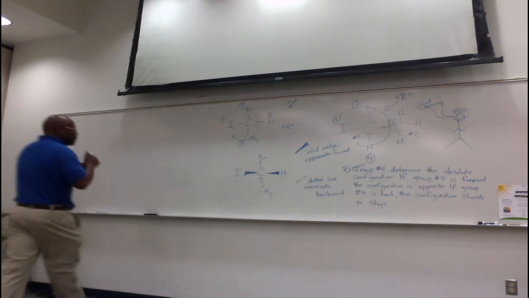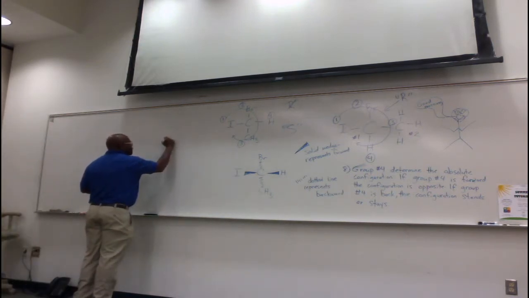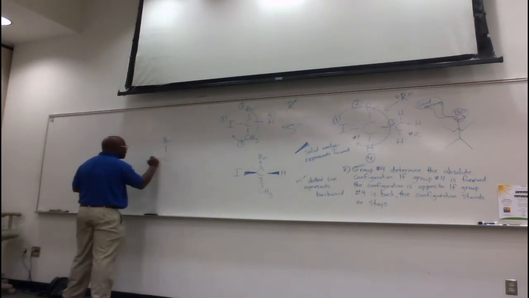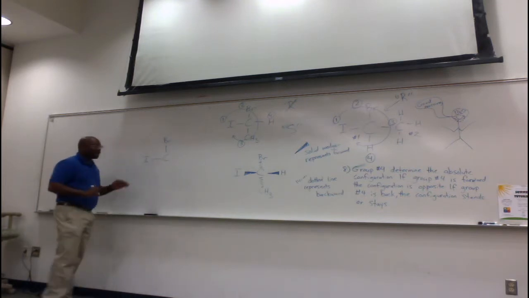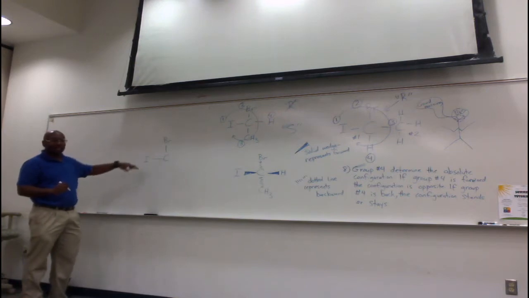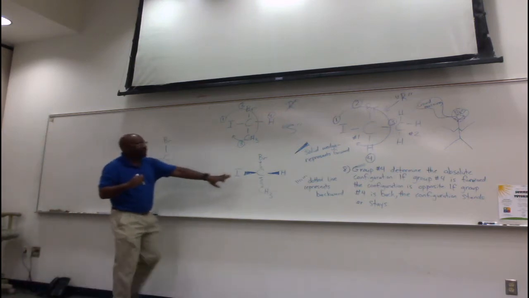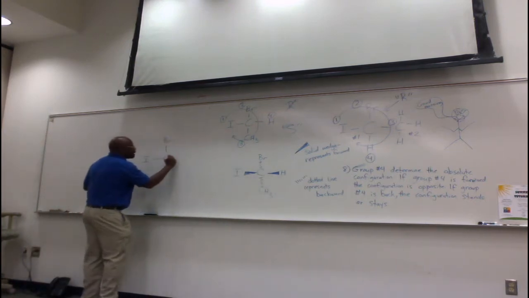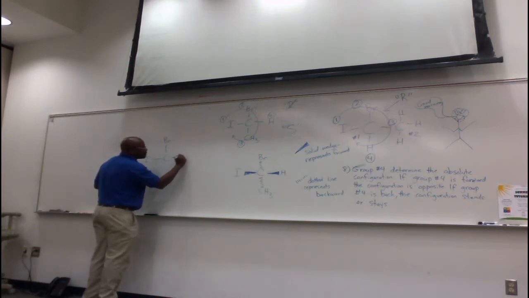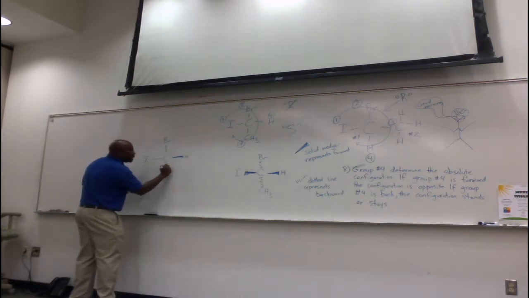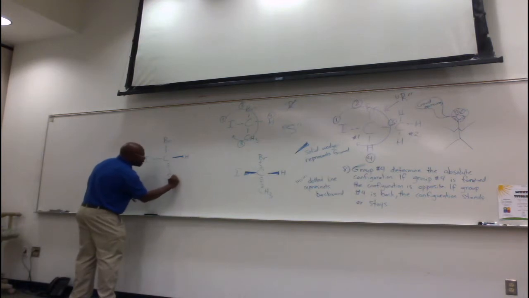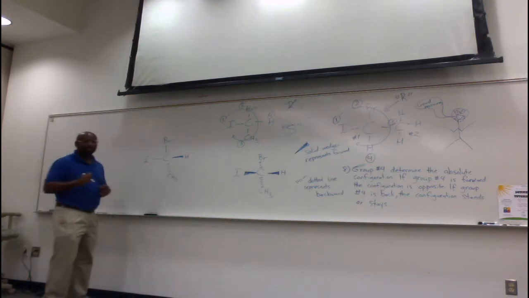For example, I can take the Br, my C, and my I, and keep those basically set into the board. What I'm going to have left will be a solid wedge for my hydrogen and a dotted line for my carbon atom.